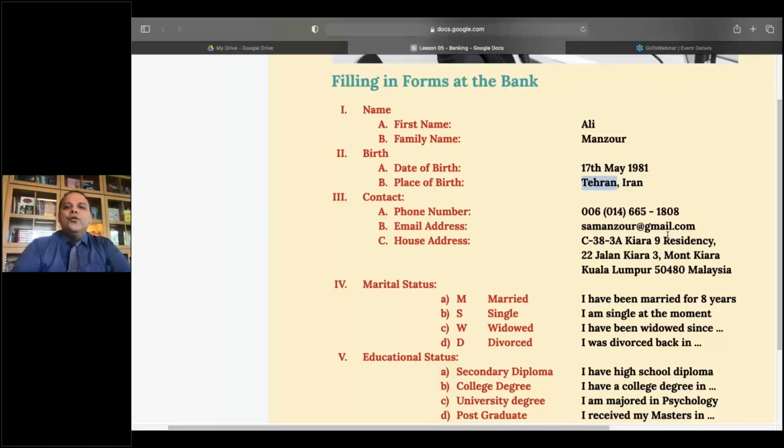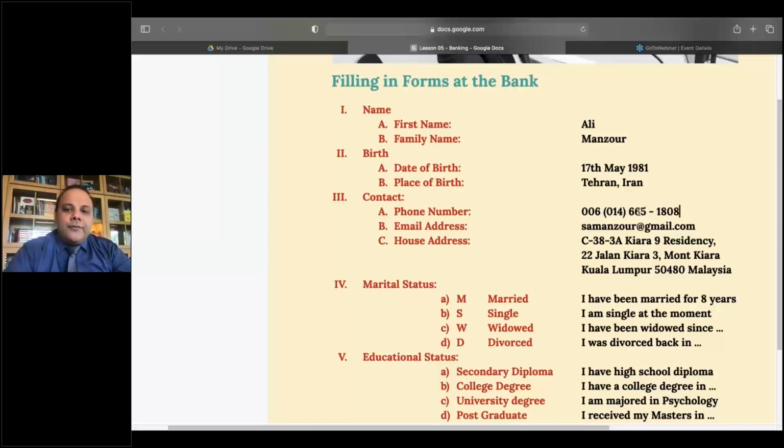But then we go to the phone number. Now, your phone number, you put the country's code, then the city's code, or for example, the company that is giving you the phone, they have their own starting numbers. You put that in brackets. Then you have the 3 digits, dash, and then the 4 digits.